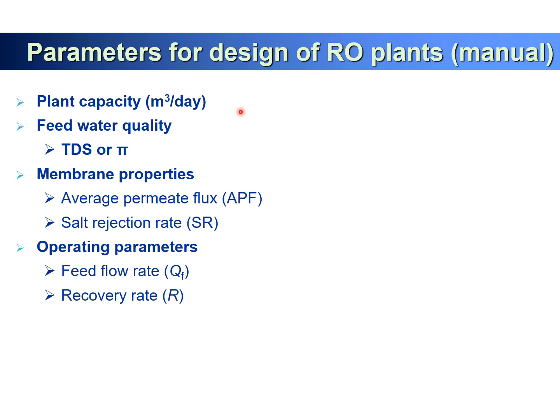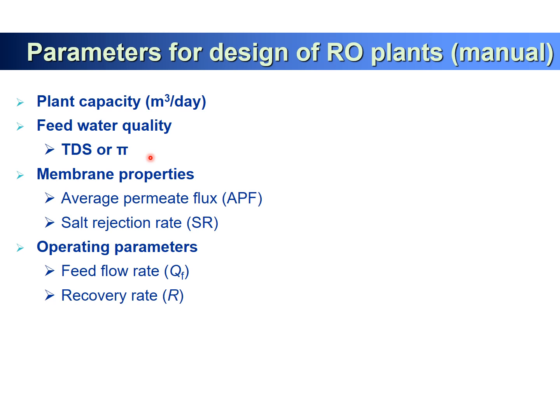Cubic meters per day you can decide, and feed water quality. If you don't know the very detailed specific ions, we need the general compounds, total dissolved solids, or osmotic pressure, and membrane properties. This could be brackish groundwater, seawater desalination, or wastewater reuse reverse osmosis membrane.